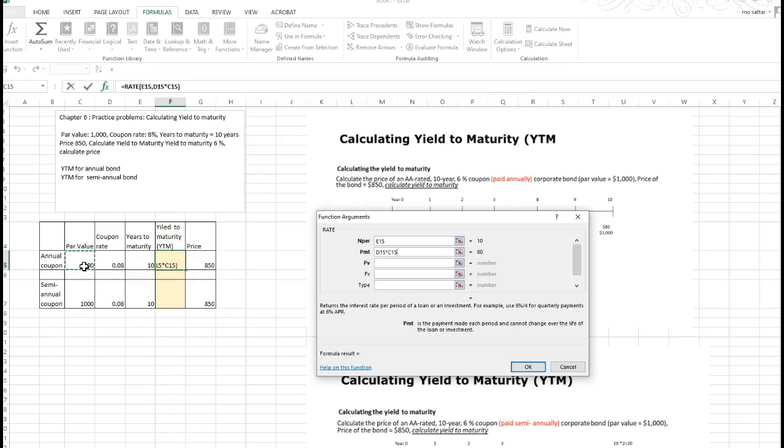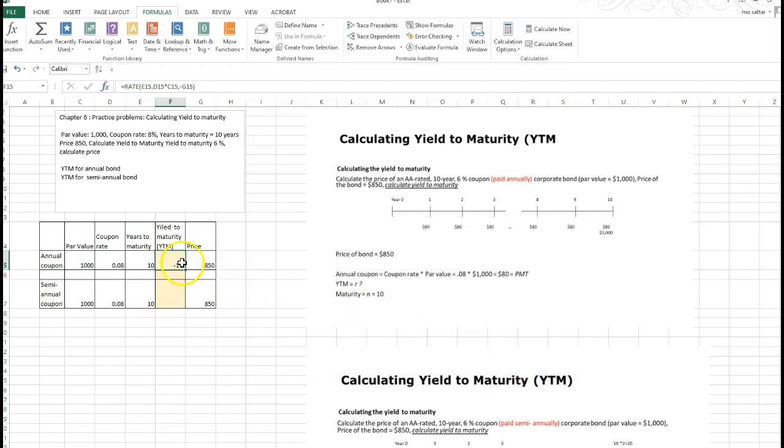And again, we are not going to divide it by 2 because the first one is the annual. Present value, this is super important. Because we are buying the bond, which means we will be spending the money, we're giving the money out. So the present value, which is the price of the bond they've given us, has to be negative. So we're going to do a minus sign, 850, and then say OK.